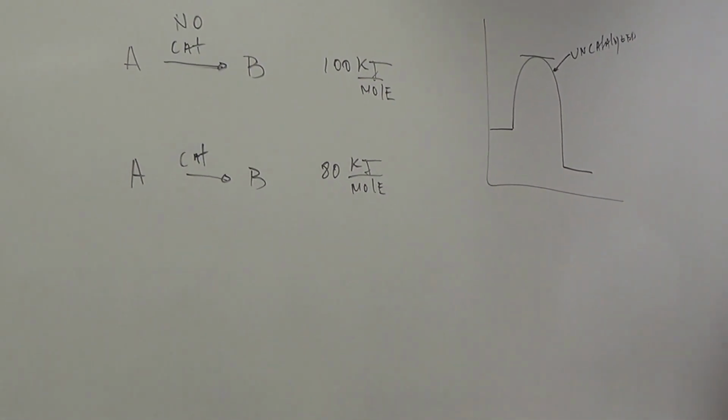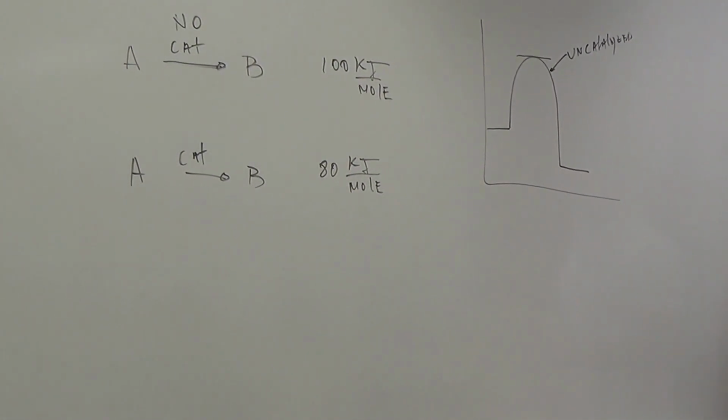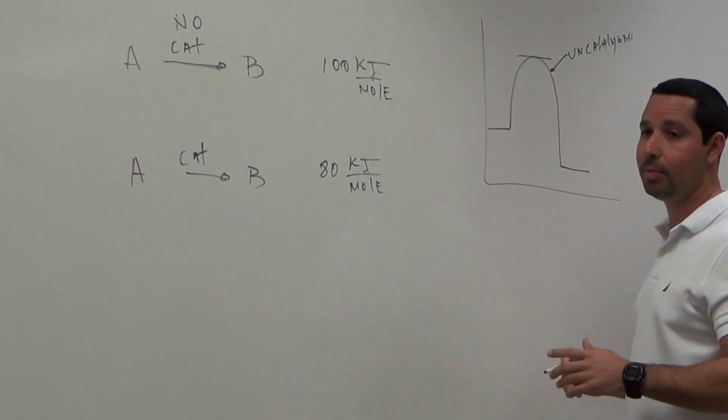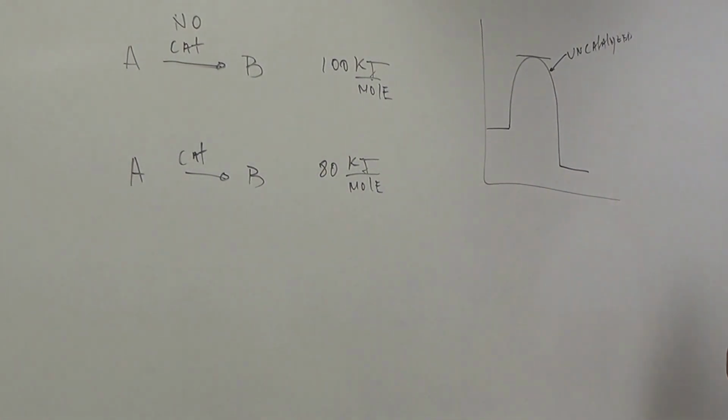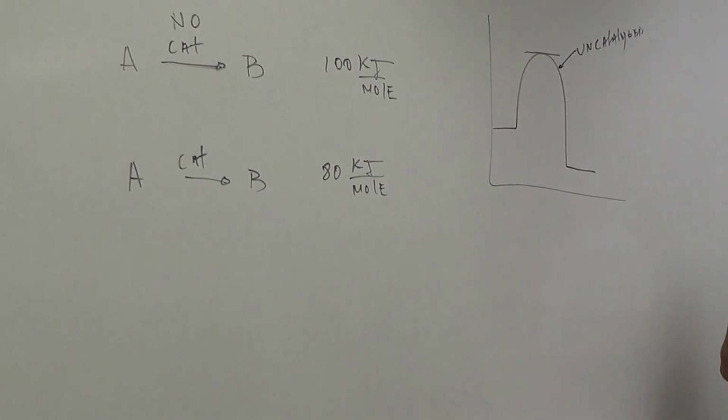When you add a catalyst, is the mechanism the same? No. Is it the same overall reaction? Yes, it is the same overall reaction, but the little elementary steps are no longer the same. Are the bonds being broken and being made the same? No, they're not.